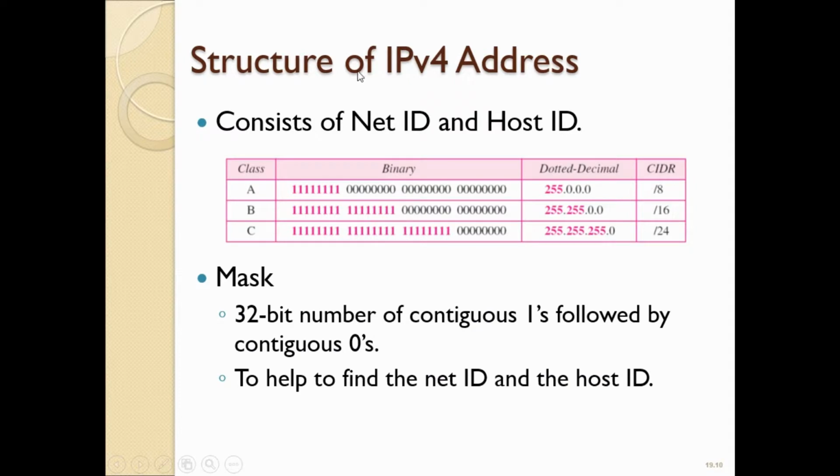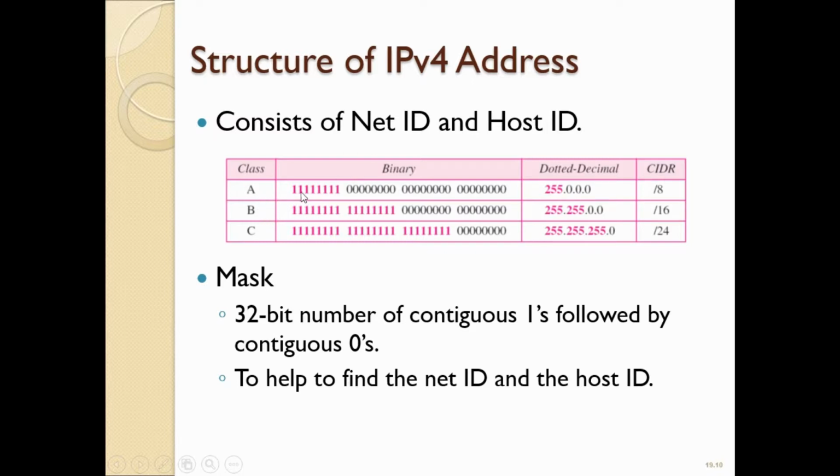Moving on, the structure of IPv4 addresses. In IPv4 addressing, the structure consists of two parts, the net ID and the host ID. For class A, B and C, we can calculate the net ID and the host ID.